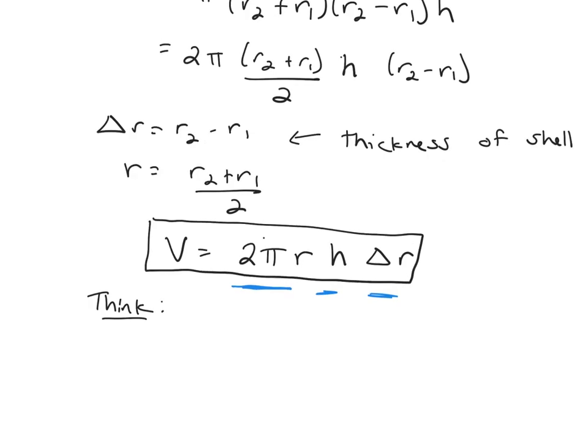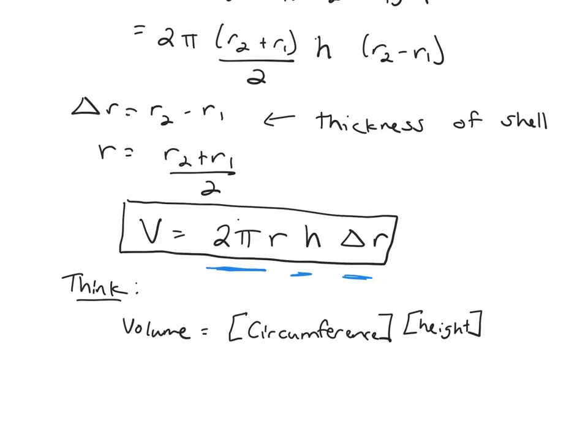So you should think of this as saying that the volume is equal to circumference times height times thickness. So I put that 2 in there so we could think in terms of circumference.